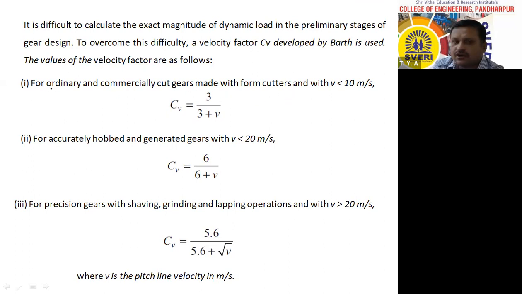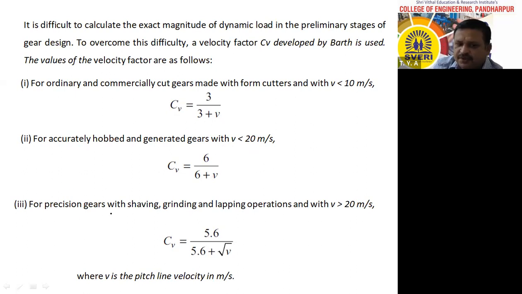First, for ordinary and commercially cut gears made with form cutters and with peripheral velocity v less than 10 meter per second, CV is equal to 3 divided by 3 plus v. Second, for accurately hobbed and generated gears with v less than 20 meter per second, CV is equal to 6 divided by 6 plus v.